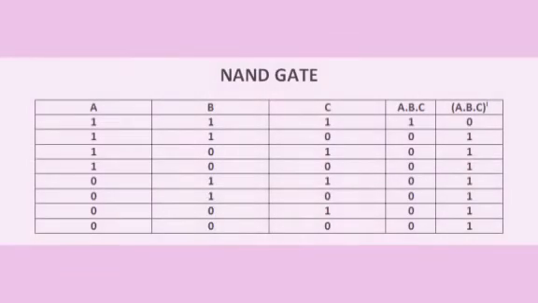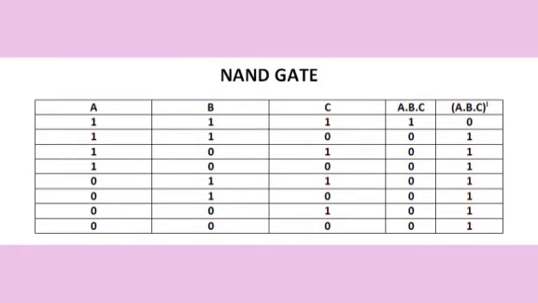Similarly, it can be represented in a truth table. In a truth table with three input signals, we have A, B, and C that represent the number of gates. Looking closely, you would see that A has 1 in the first row, B has 1 in the second row, C has 1 in the third row.